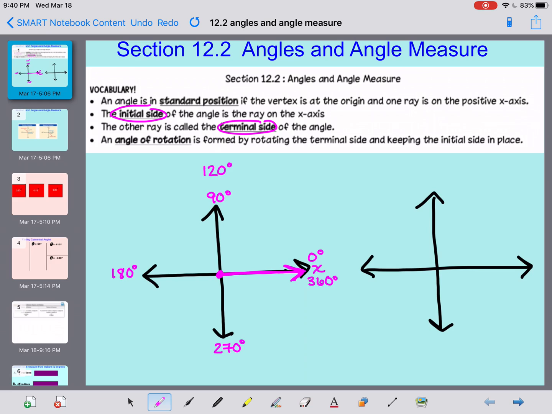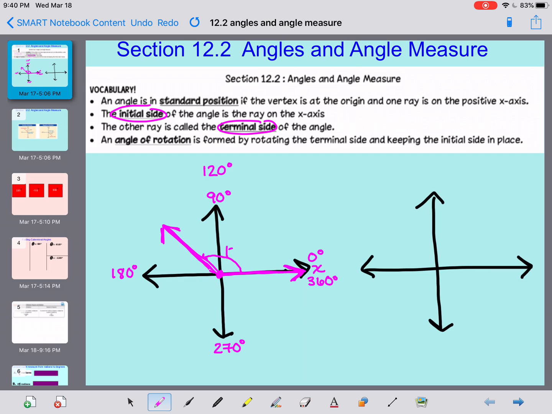All right, so if I want to draw 120, I start from the initial side, and I keep drawing an arc until I hit where 120 would be. So there's 90. So 120 would probably be right around here, okay? So that's how big the arc is going to be. And then I'm going to draw my terminal side. So the terminal side is a ray, right?